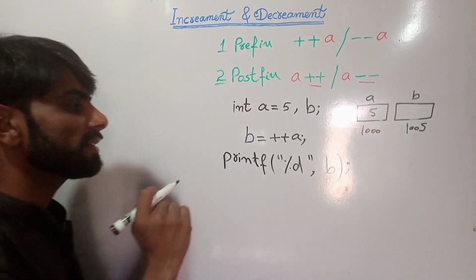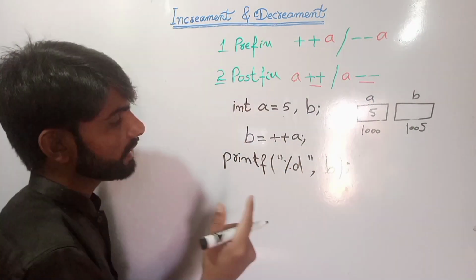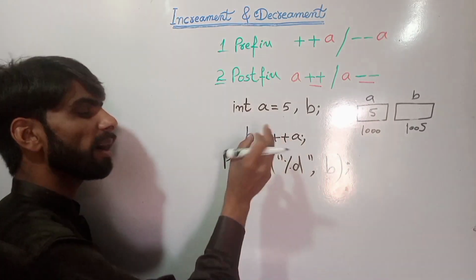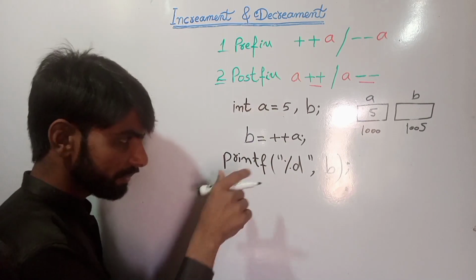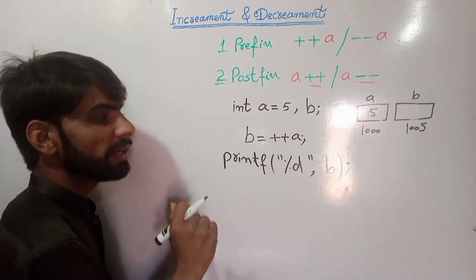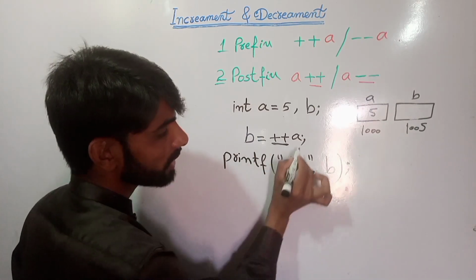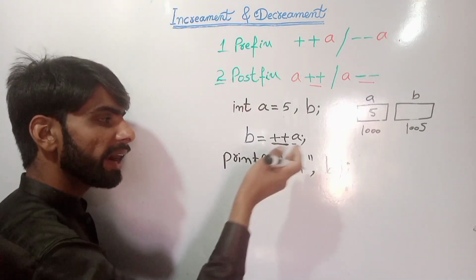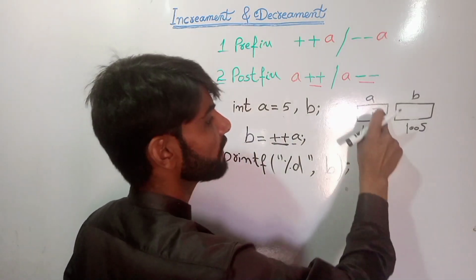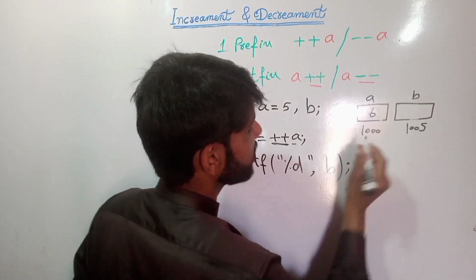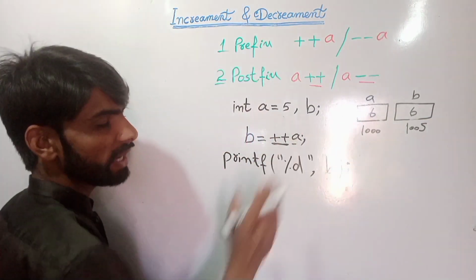In this case, first the value of A in memory will be increased, and then this updated new value will be used in the expression, because we have written the increment operator first. Then the value will be assigned to B: first the value increases to 6, and 6 is assigned to B. So in this case both values are 6.